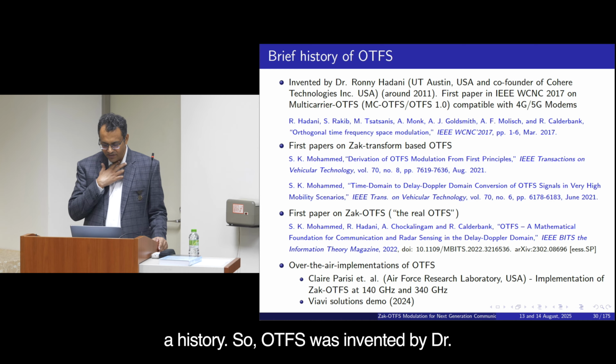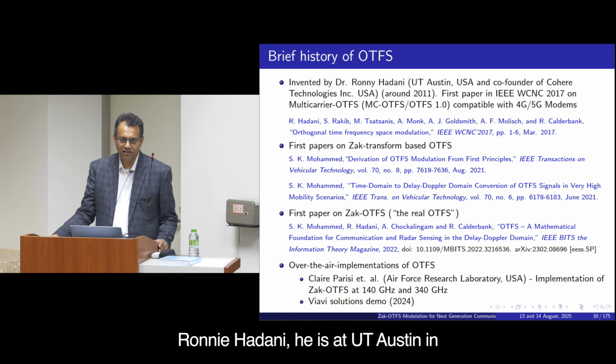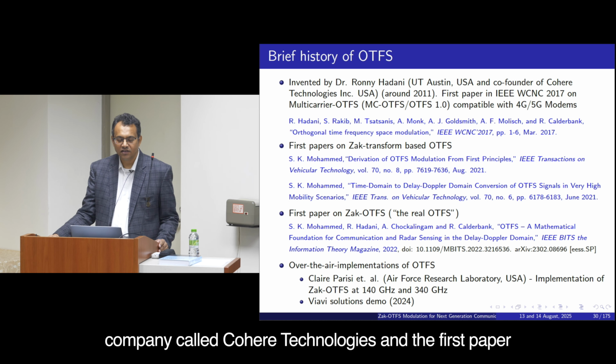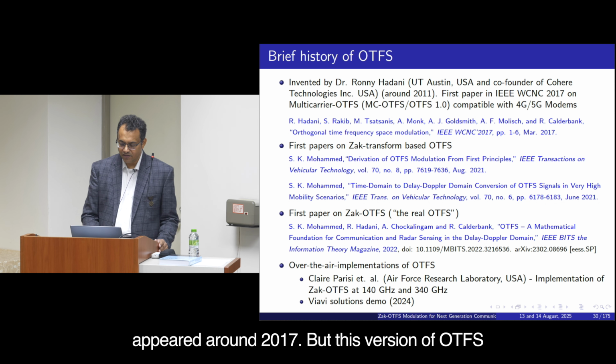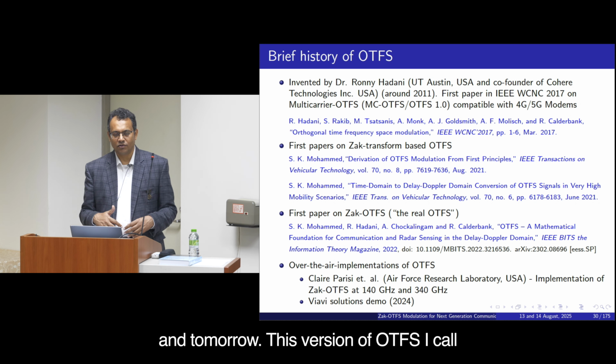A bit of history. OTFS was invented by Dr. Ronny Hadani, who is at UT Austin in the USA. He is a co-founder of a company called Cohere Technologies, and the first paper appeared around 2017. But this version of OTFS is not what I am talking about today and tomorrow.